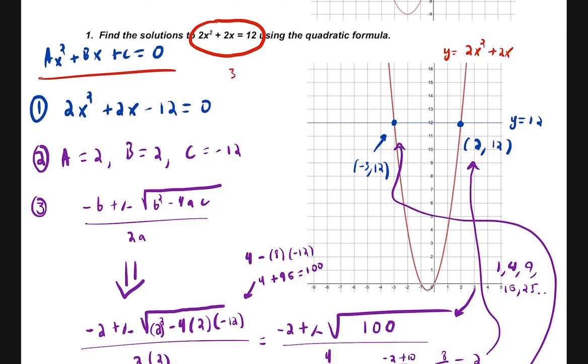It could solve 3x squared minus 17x equals 42. It doesn't matter. If you set that equal to 0, 3x squared minus 17x minus 42 is equal to 0. If you use the quadratic formula with a is 3, b is negative 17, and c is negative 42, it'll work.